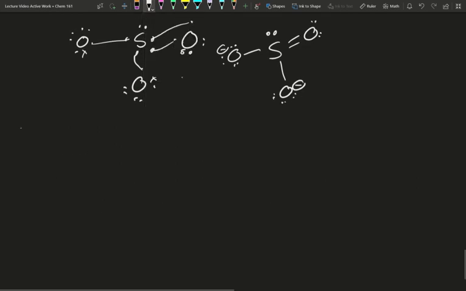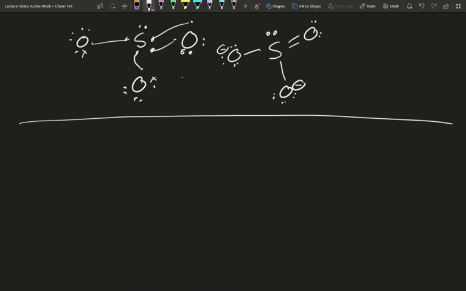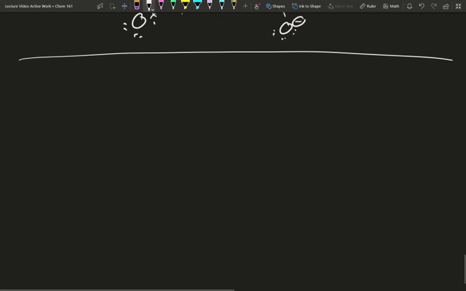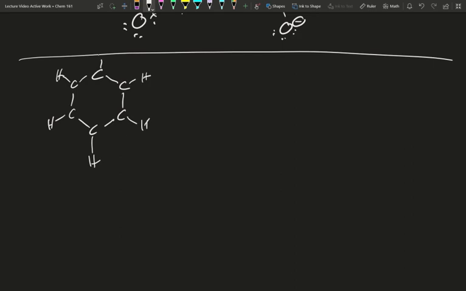How do we know that it's definitely the hybrid? Well, we can actually measure bond lengths and charges. But one of the most common examples is that you don't have to have ions to have resonance. If you've got 6 carbons in a ring with a hydrogen off each, so speed Lewis structure here, this is benzene.